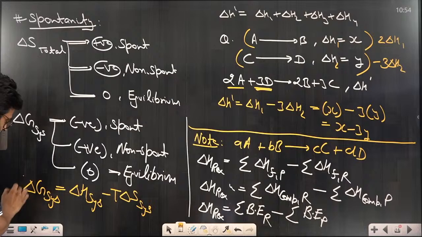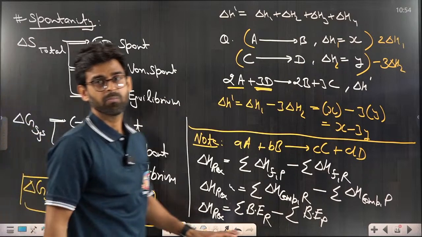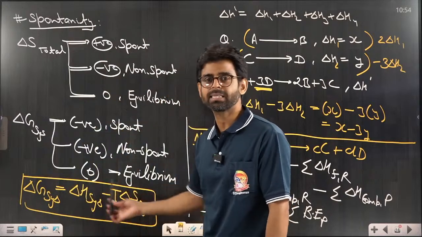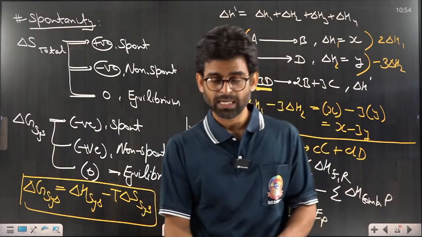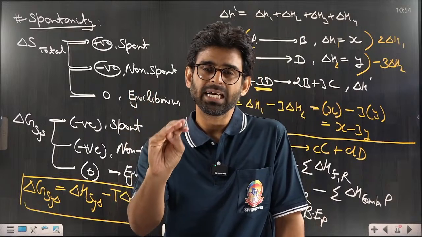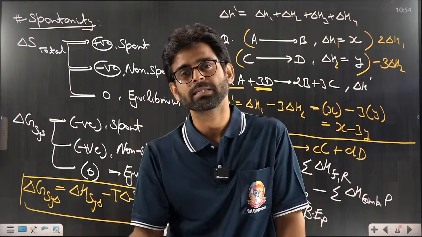So these two things can help you find spontaneity, but alone these can't decide spontaneity. Together they can decide, using temperature. Very common question they ask: in a process, delta S system is positive and delta H system is negative, so it is always spontaneous.